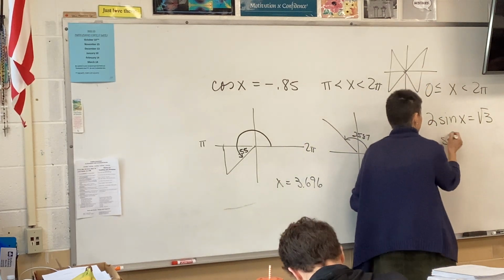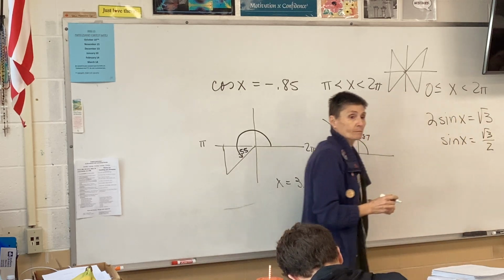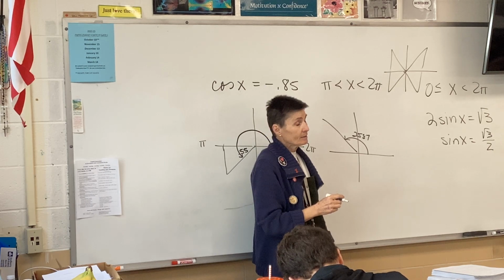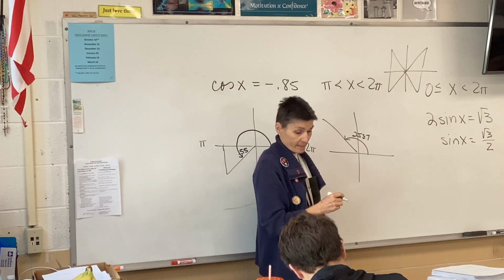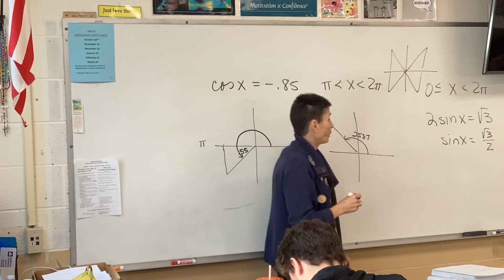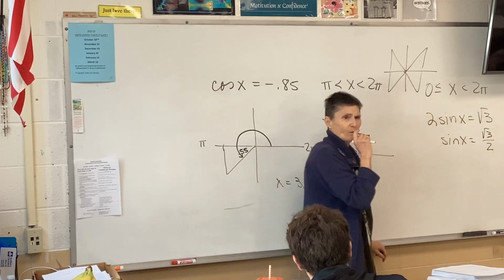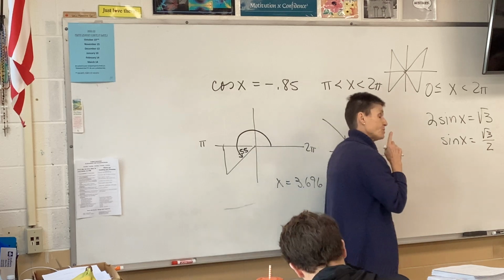So sine x equals root 3 over 2. Just solving my equation like regular. And this should be a no calculator problem. Yes, it is. Because what's special about root 3 over 2? Well, that's one of my triangles, isn't it? So if I've memorized the unit circle, great.